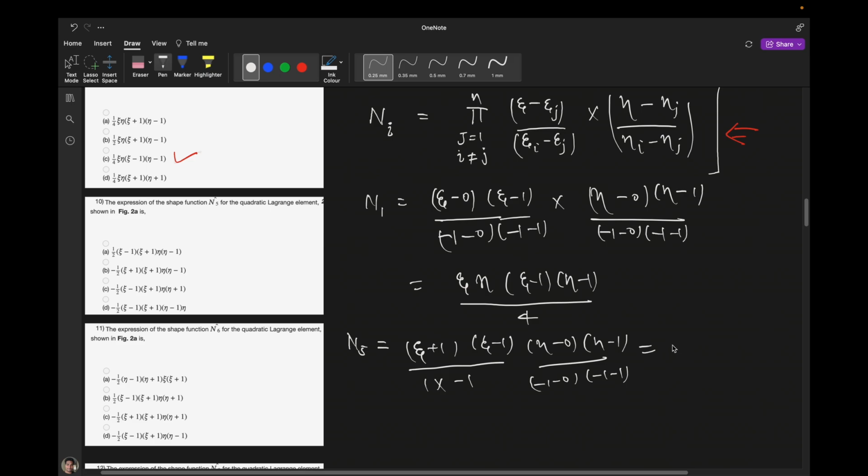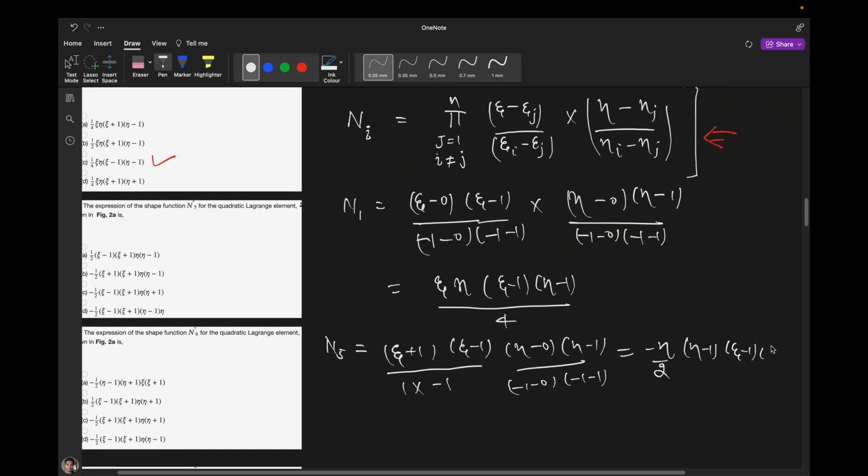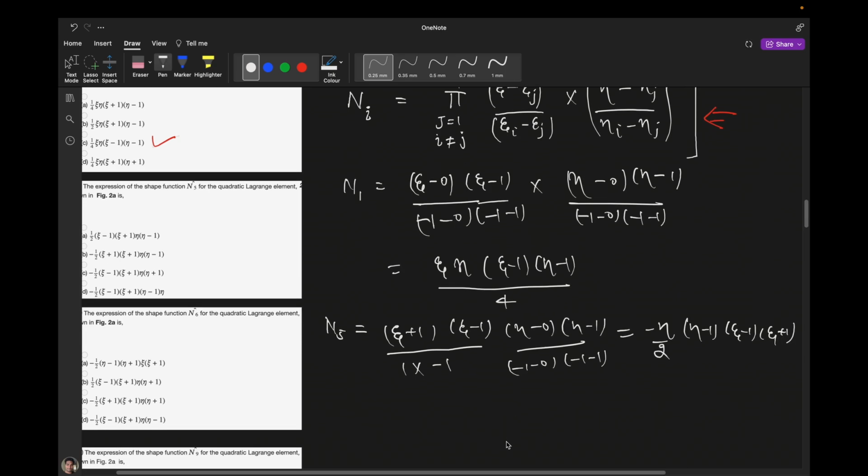So after simplification it will be eta by 2 and eta minus 1, xi minus 1 into xi plus 1. So what will be the correct answer? Correct answer will be D. And here what will be the correct answer? Correct answer was C.